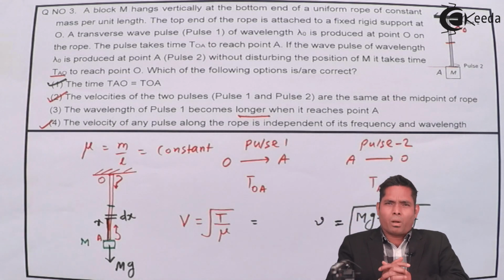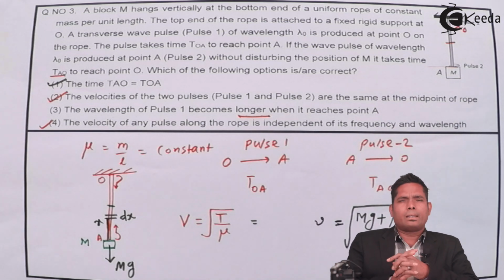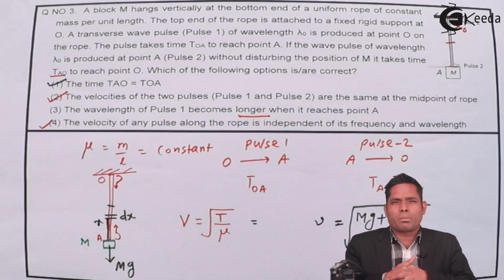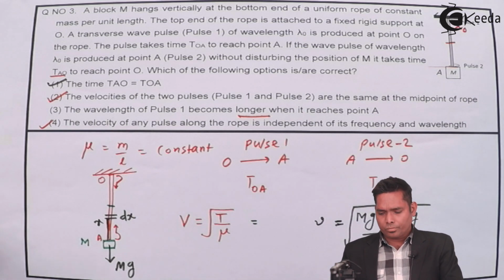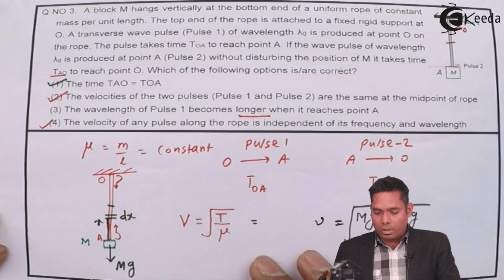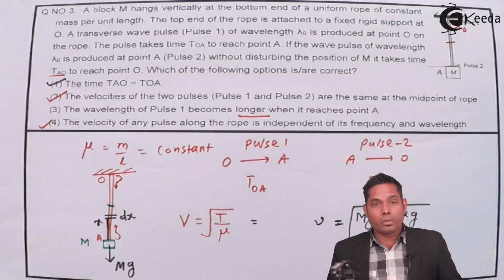It is a transverse wave, so the velocity depends upon the tension and the mass per unit length, and that is independent of frequency and wavelength. So that is the answer. Okay, thank you.